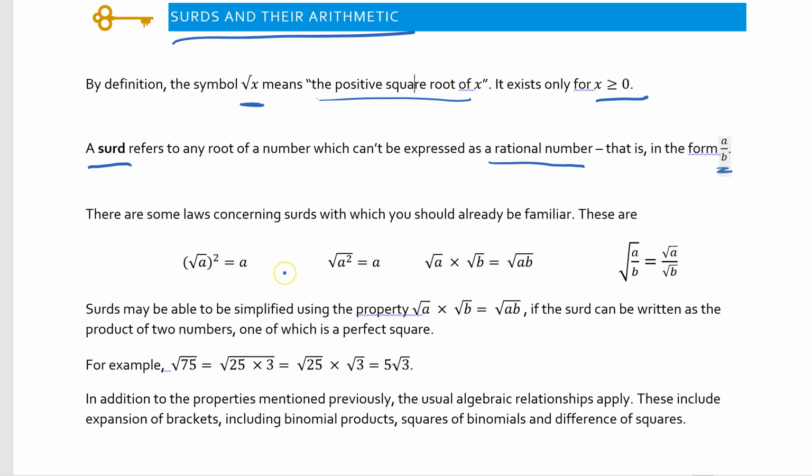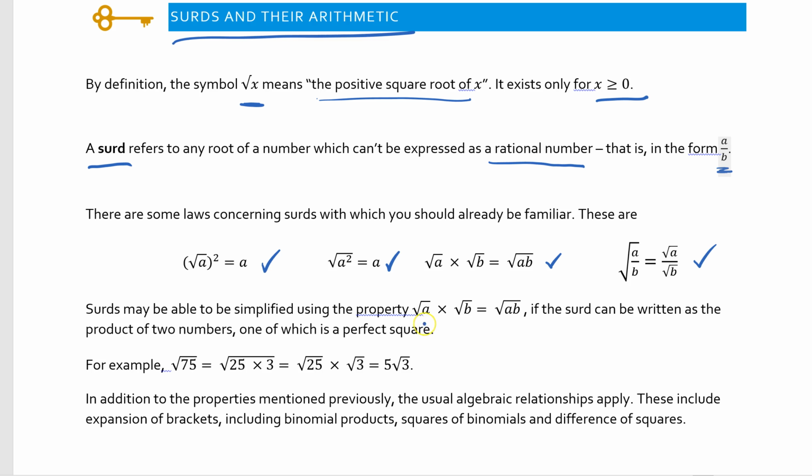These rules about surds you'd be familiar with: the square of a square root takes you back where you started, and the square root of something squared takes you back where you started. The product of two square roots is the square root of the product, and the square root of a quotient is the square root of the numerator divided by the square root of the denominator. It's often easy to forget these things, but they can make a real difference to solving problems.